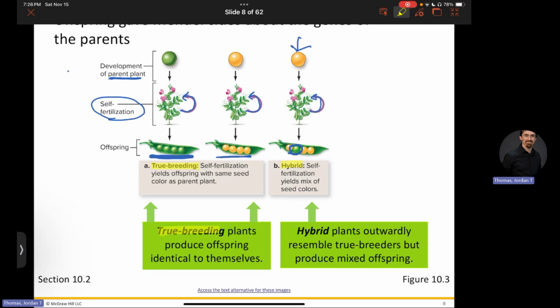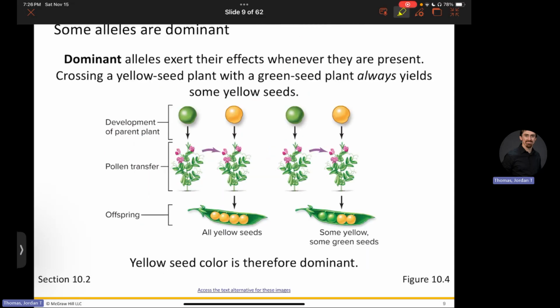Self-fertilization mixes the seed colors. Hybrid plants outwardly resemble true breeders, but produce mixed offspring. True breeding plants will always produce identical copies of themselves, but a hybrid plant may not. They look like they're true breeding plants, but they can produce mixed offspring. We'll talk about why that is in a second.